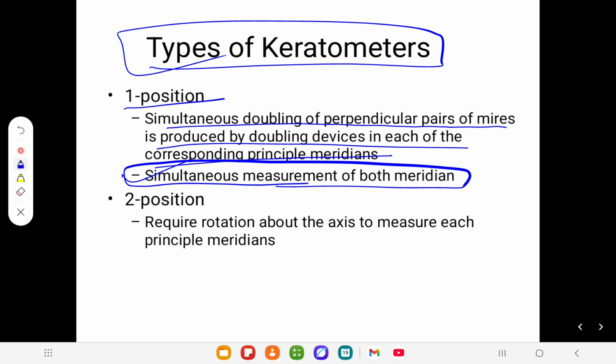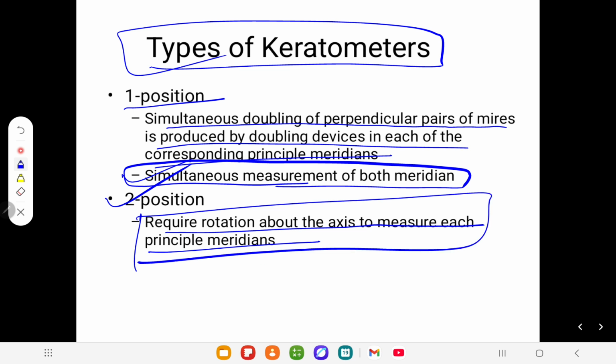You don't have to rotate the machine. That's simple. Two position means you have to rotate the axis of the instrument to measure each meridian. You measure one meridian, and then you have to rotate the instrument to another meridian and measure it. So in two position, only one meridian can be measured at a time. One position means both meridians can be measured at a time.